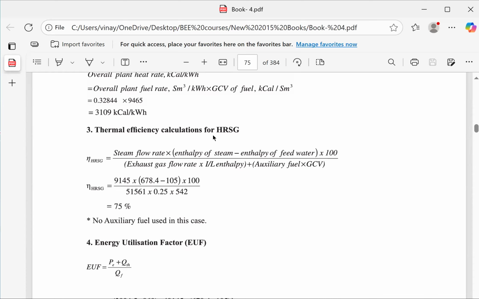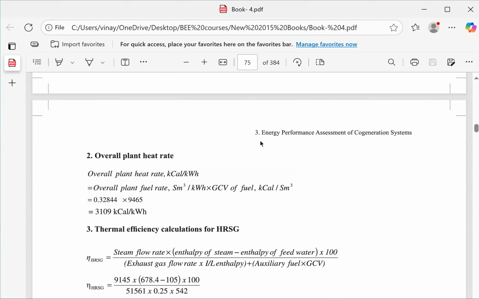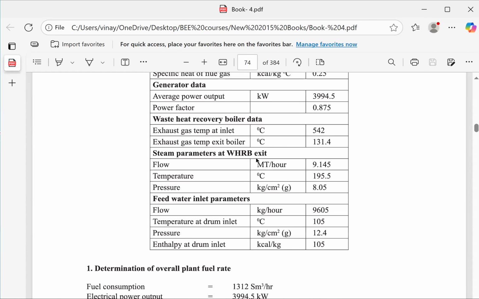Thermal efficiency calculations of HRSG. Now, I have given you the explanation for WHRB, Waste Heat Recovery Boiler. This name is used in a topping cycle, where the furnace waste gas is going to the waste heat recovery boiler.